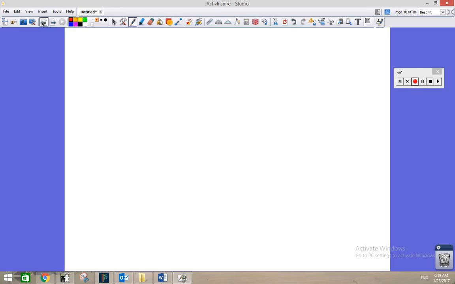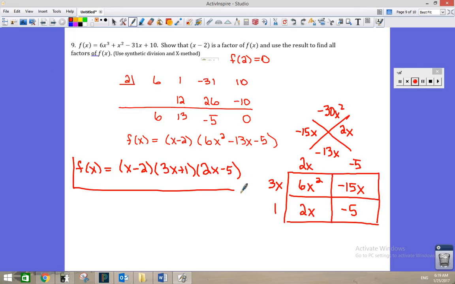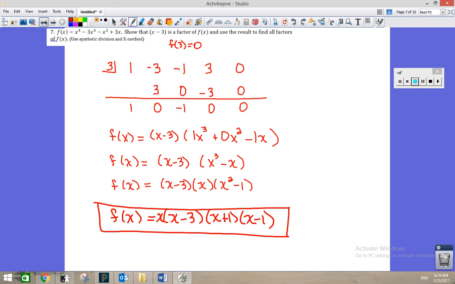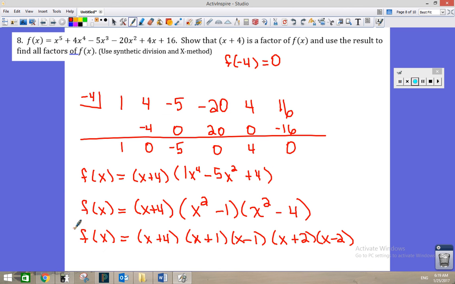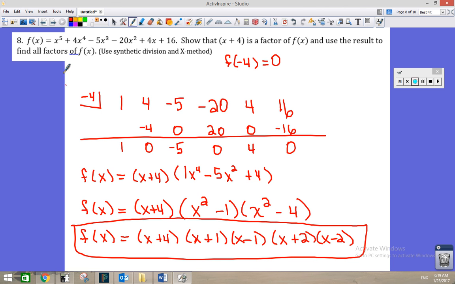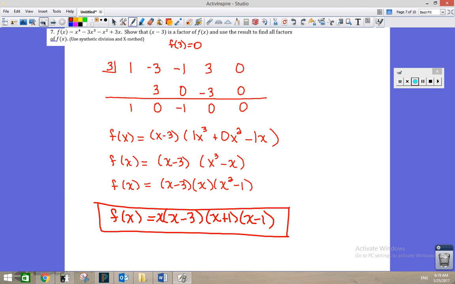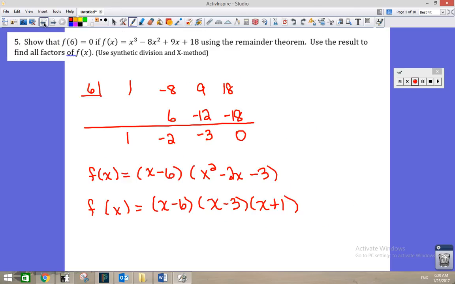So I hope that helps, and sorry about, this was my answer. I did not read the directions from problem 4 all the way to problem 7. So I did not complete the problems, but then I caught it and came back and did complete it.